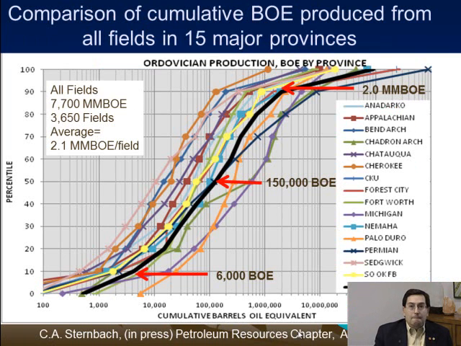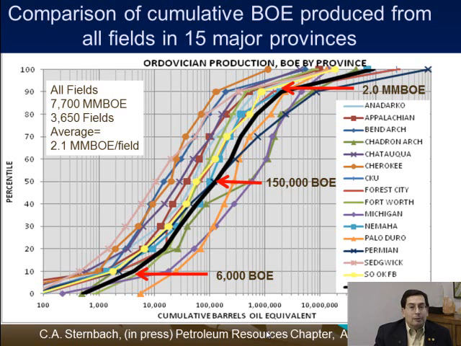This is a diagram that shows all of the fields represented by a black line. It is by percentile. So, for example, of the straight average of the 7.7 billion barrels, 3,650 fields is about 2.1 million barrels per field.